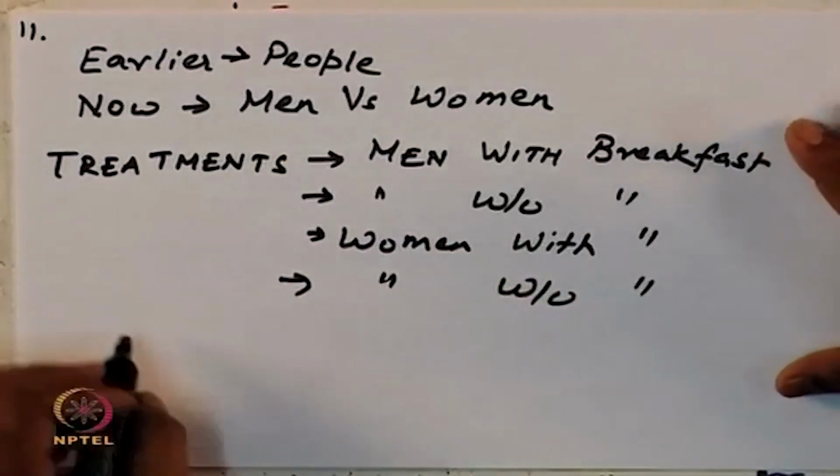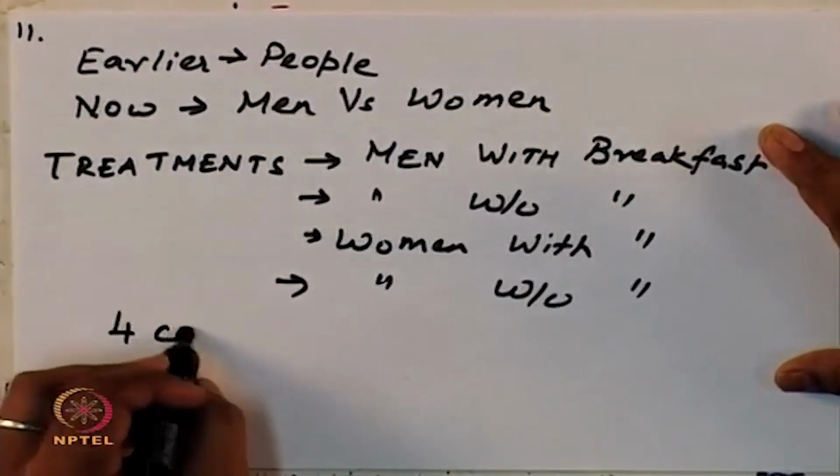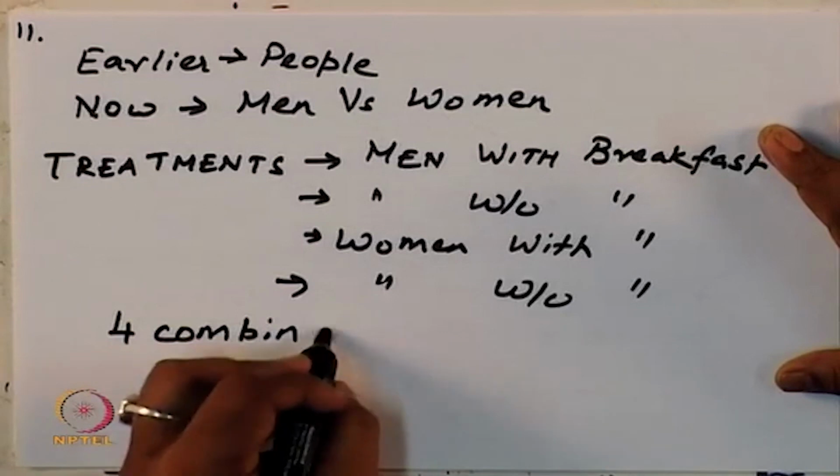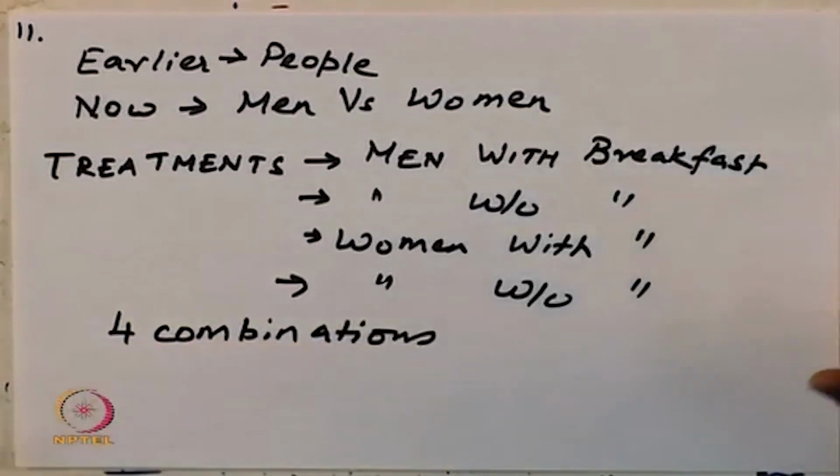Okay. So, now, instead of 2 conditions, you have 4 cases, 4 combinations. So, depending on your experimental plan, you might have many more experimental combinations. Okay. With that, I thank you for your attention, and we will stop here. In the next class, we will continue with our discussion on ANOVA.